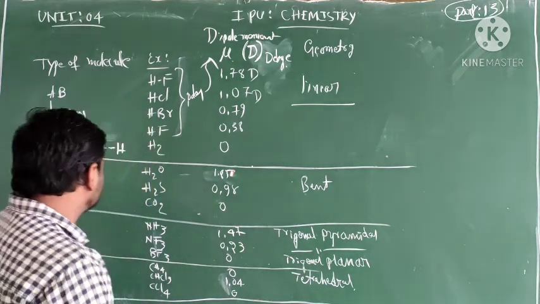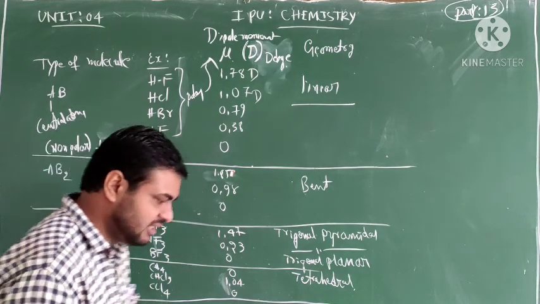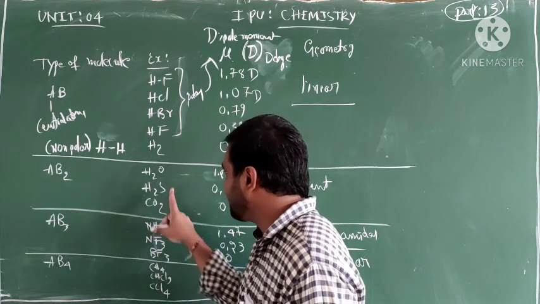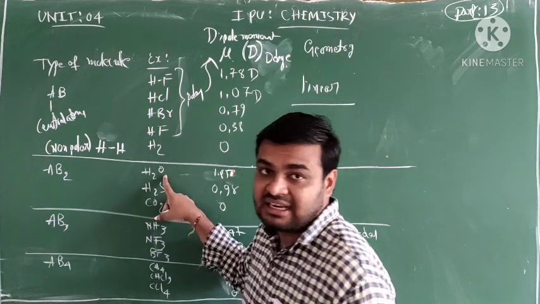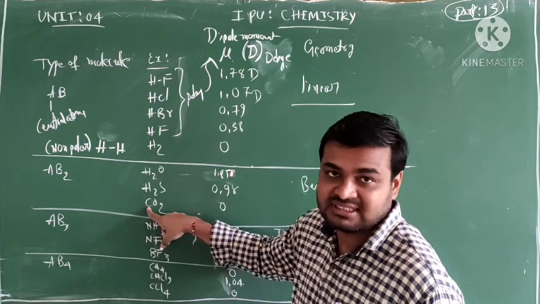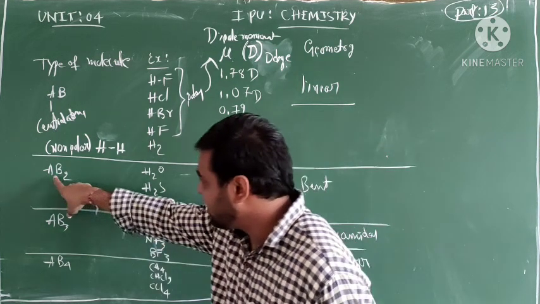Now see the second type, AB2 type. A is the central atom, a single atom, such as O, S, or carbon.